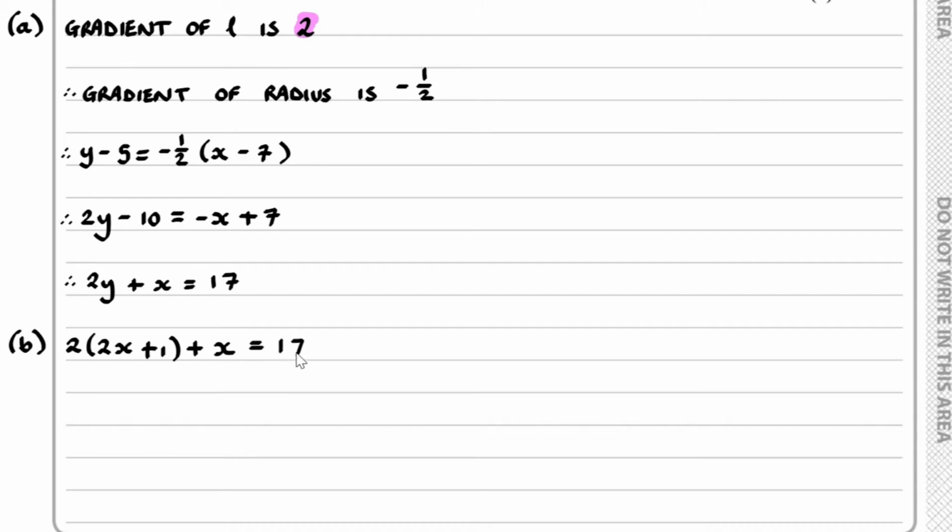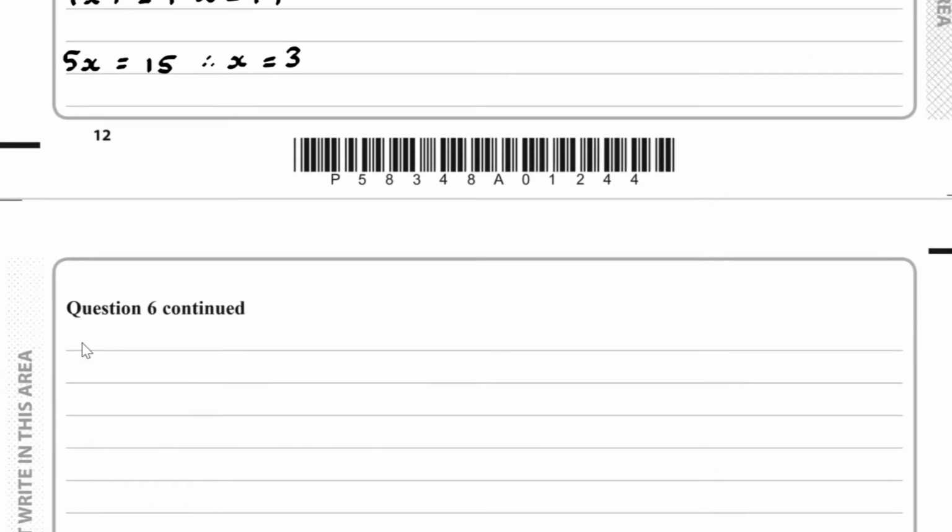This is equal to 17. 4x plus 2 plus another x is 17. 5x is 15. X is 3. And when x is 3, y would equal 2 multiplied by 3 plus 1, which is 7.